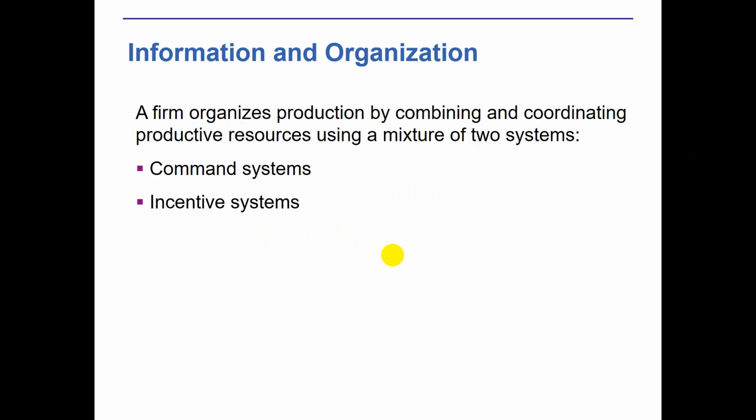Some people are motivated with incentives, but others may need some strict actions or commands from the higher authorities. So firms or organizations use both of these methods to get efficiencies.